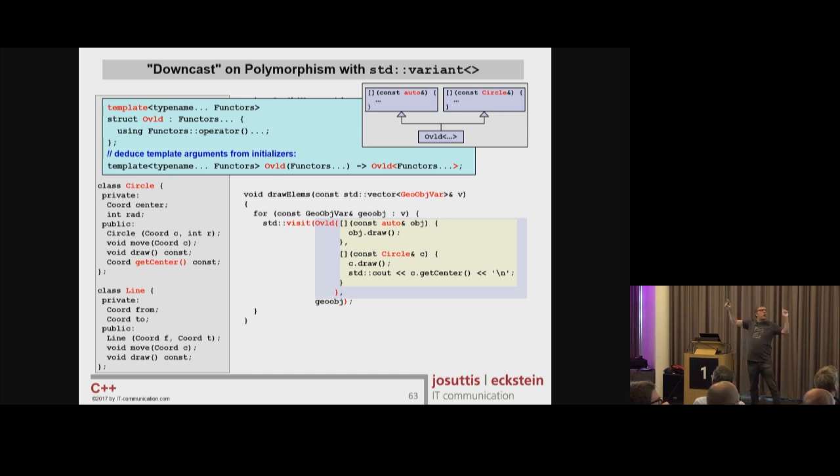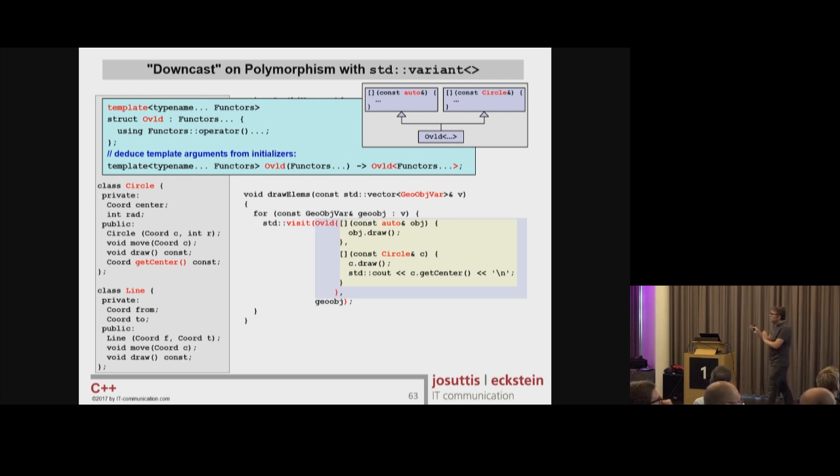So we derive from all types of all lambdas we have here in this overload, without specifying their types. And then, because each lambda implements operator parentheses, which is a problem if you derive from multiple classes the same operator, it is hidden, not inherited. But you can use a using declaration to still make it available. And we do that, and this is a variadic using declaration, which is also something new in C++17. So by having all these features, you essentially have the effect you just saw.